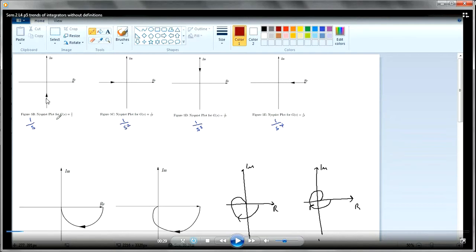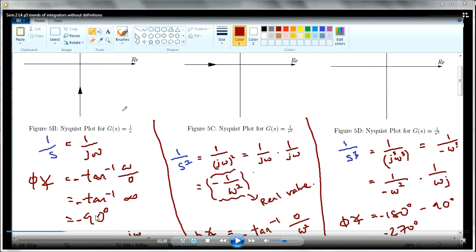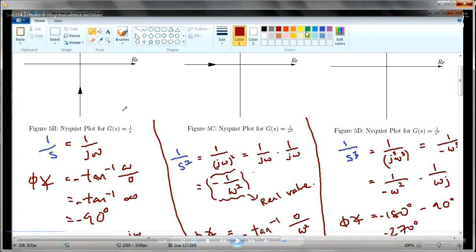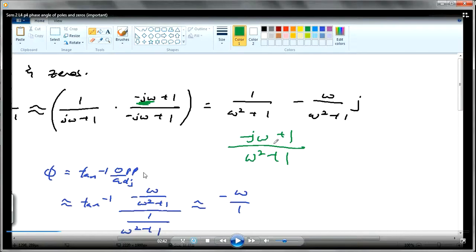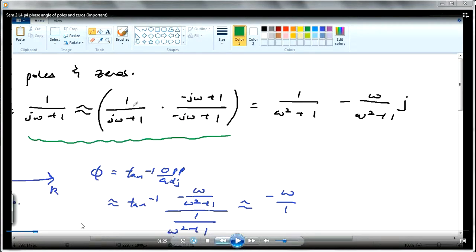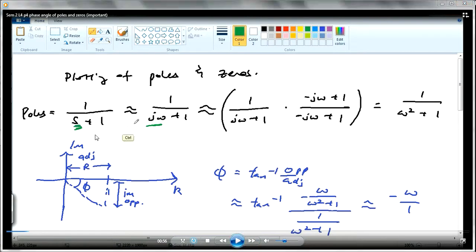And why are they coming from these directions? If you remember, they are actually due to the phase angle. We proved the phase angles of the poles and the zeros, and we derived them using complex numbers. This is the portion over here that I'm talking about. We first start off with a simple lag, 1 over s plus 1, and then I put in j omega.